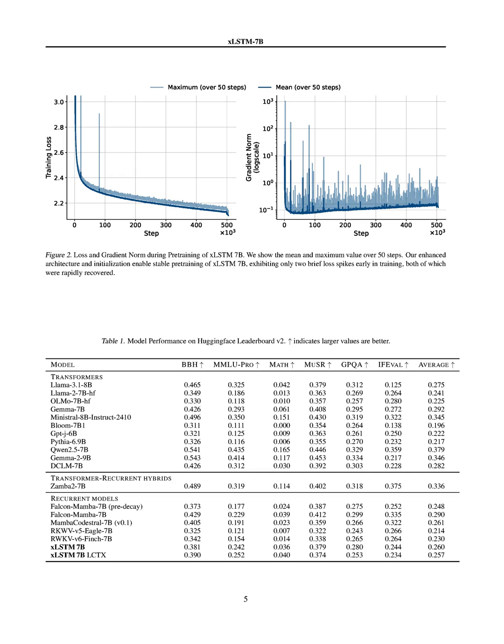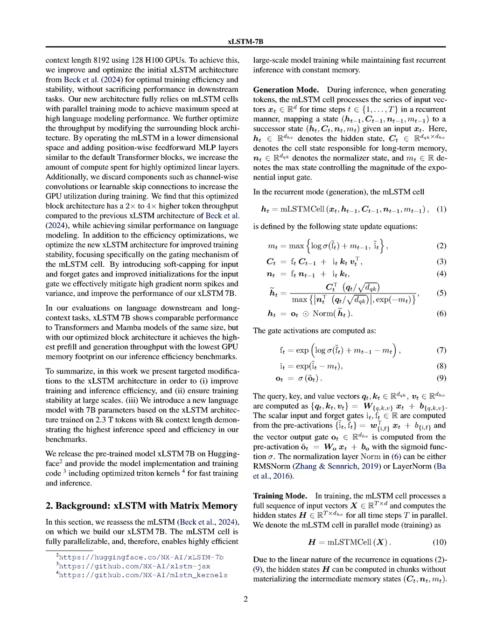The experimental setup for validating the performance of the xLSTM-7B involved benchmarking against state-of-the-art transformer and recurrent LLMs on the 7B parameter scale using the Open LLM Leaderboard v2 and the LM evaluation harness. The xLSTM-7B was trained on a dataset comprising 3 trillion tokens from the DCLM dataset with a context length of 8,192.